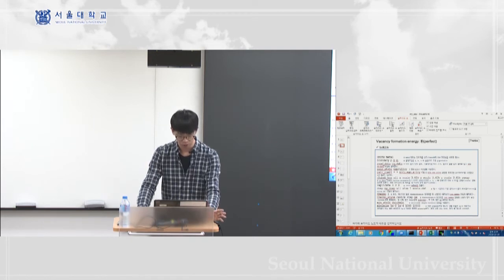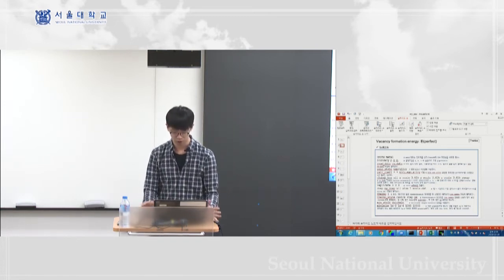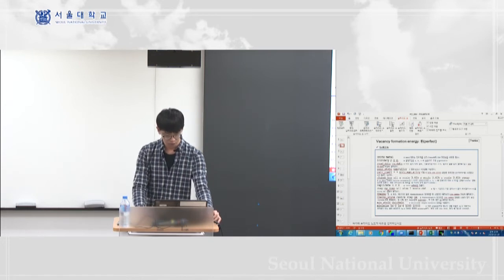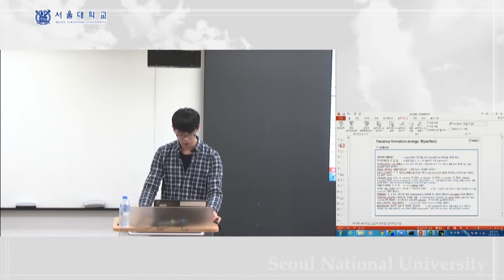All of the data files and the potential file are included in the practice materials, so it's going to load those files. The change_box command sets the scale of the simulation box, and since we are going to calculate the defect formation energy, we're going to make the supercell with the replicate 3 3 3 command here, and we're going to minimize the potential energy with the minimize command.